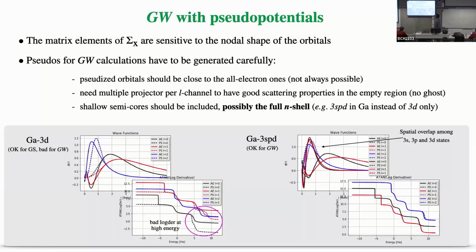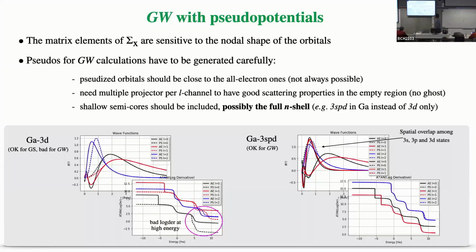This figure also shows the logarithmic derivative, which is a proxy for the scattering properties of the pseudopotential, in the sense that the pseudopotential should be able to reproduce the scattering properties of the all-electron atom.